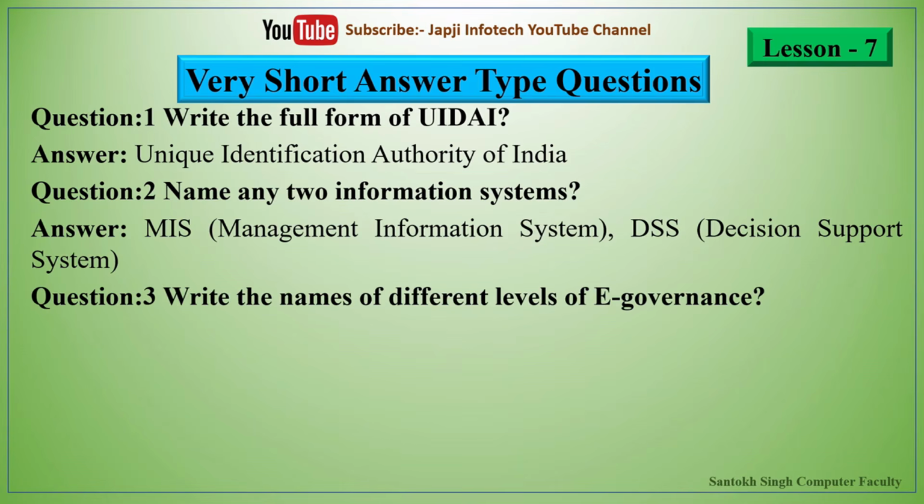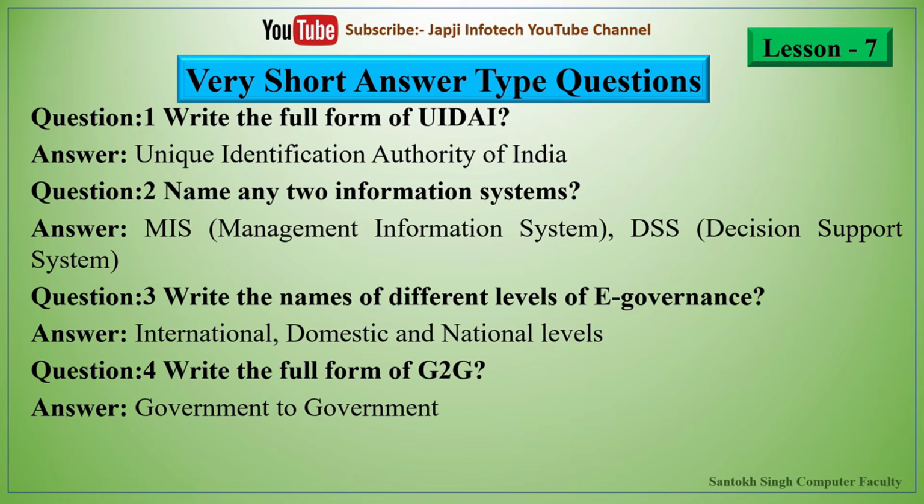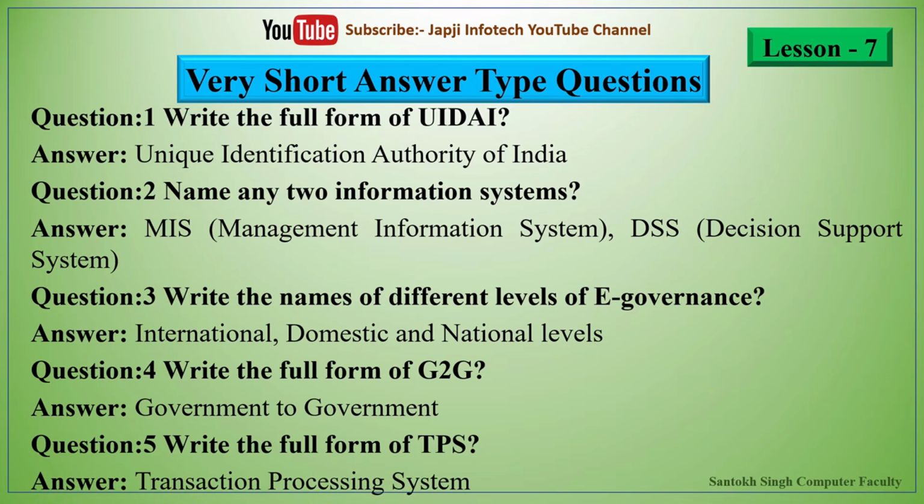And the third one is write the name of different level of e-governance. And the right answer is international, domestic, and national level. And the fourth one is write the full form of G2G. So G2G stands for government to government. And the fifth one is write the full form of TPS, and TPS stands for Transaction Processing System.